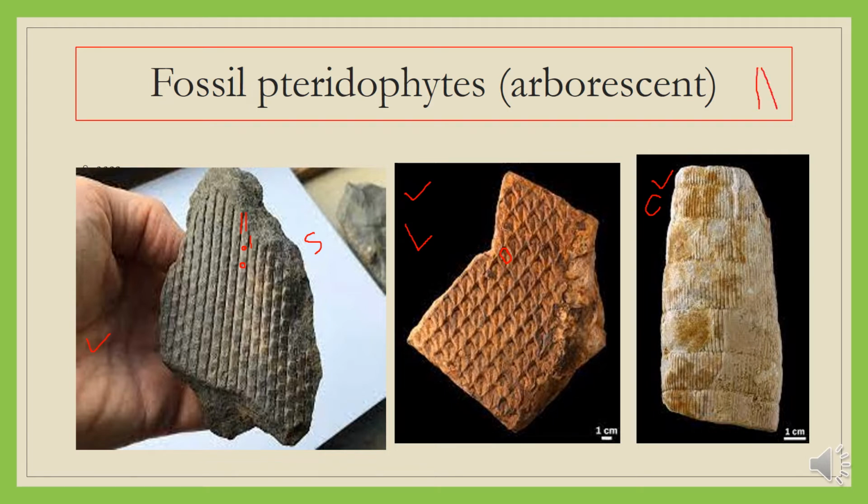In the top area they were dichotomously branched, and these branches were again dichotomous, and this formed a cone shaped crown that was common in most of the arborescent lycopods, arborescent pteridophytes.